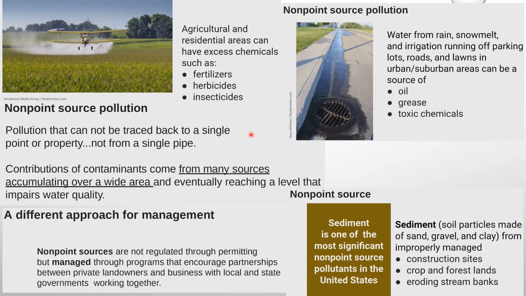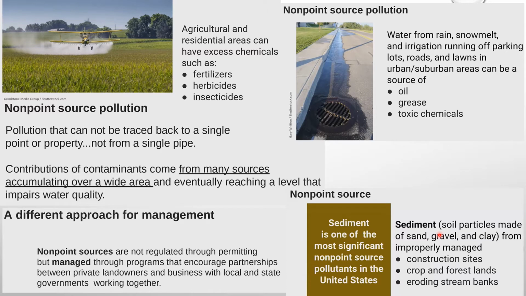It could be at very high levels and can harm aquatic life, and it can create a problem with our drinking water. So these are not necessarily targeting a point source, but we know that these are ways that pollutants can get in there. So we do have to manage what landowners are doing to prevent this stuff from running downhill into our water.